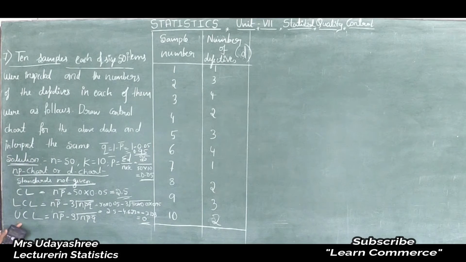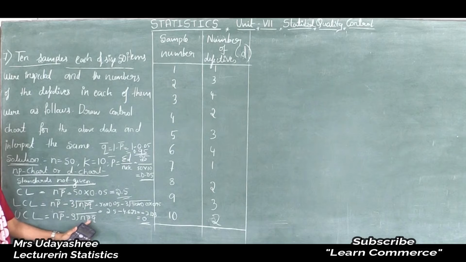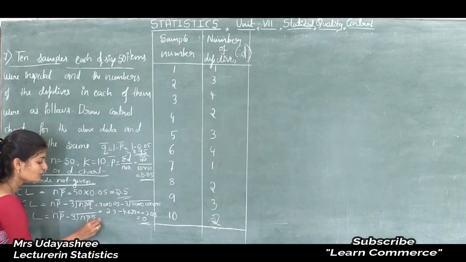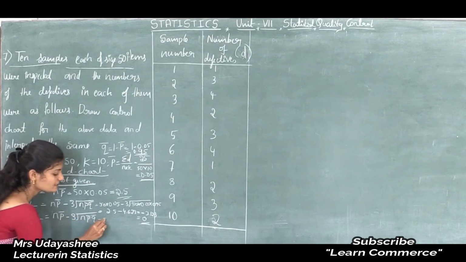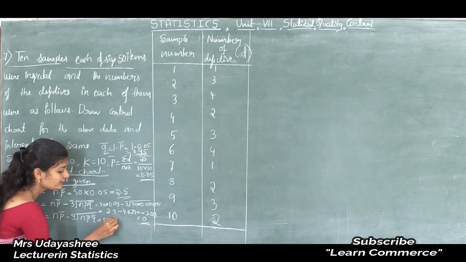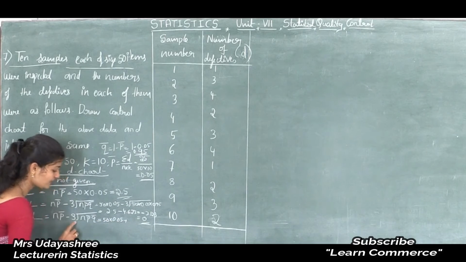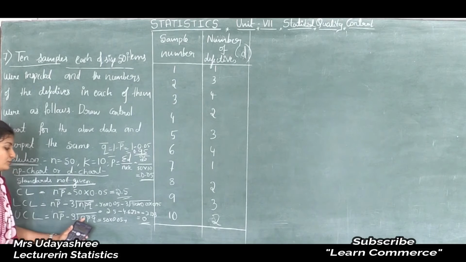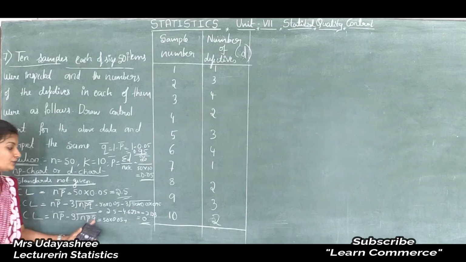Okay, next, to calculate the upper control limit, the formula is n p bar plus 3 into square root of n into P bar into Q bar.